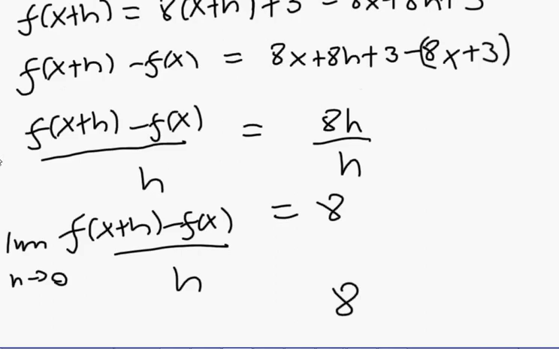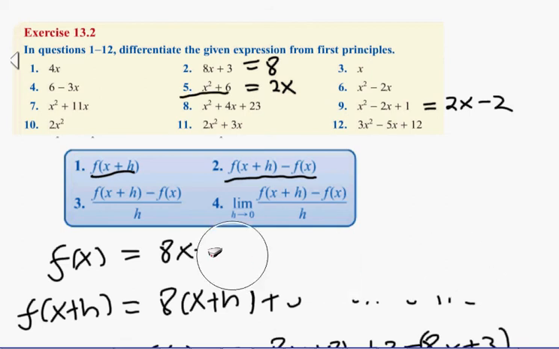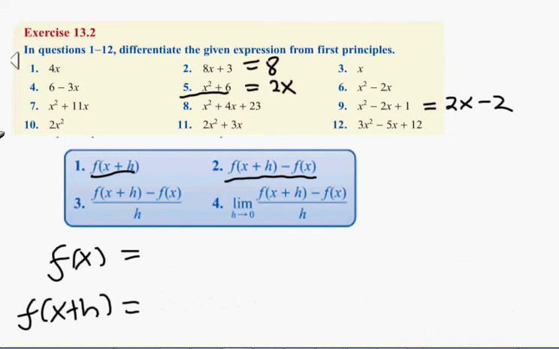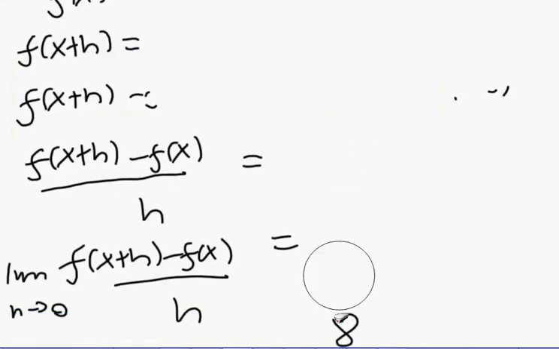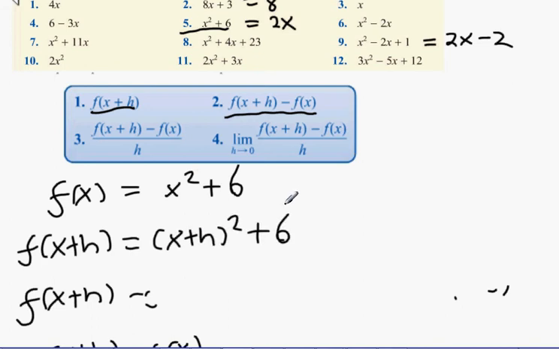Let's try a quadratic one. Okay, we'll try number 5. Same steps again for number 5. Now, this used to be on the Leaving Cert ordinary course, so you guys are well capable of doing these quite easily, okay? x squared plus 6, what's the next one then? x plus h squared plus 6, okay?